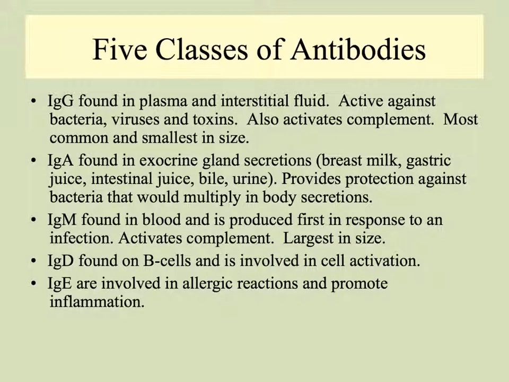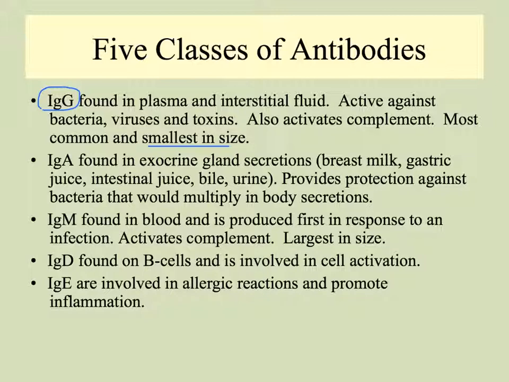There are 5 different classes of antibodies. You don't need to memorize all these classes unless you're an honors student, but you might hear about them later. IgG, immunoglobulin G, is the most common immunoglobulin. It is the smallest immunoglobulin, and it's the one that will go from the mother across the placenta into the developing baby.